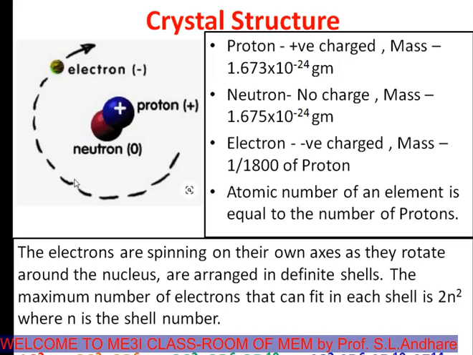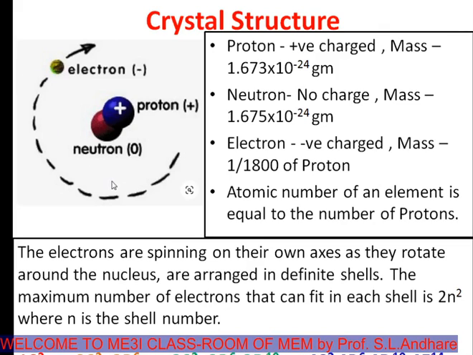Now, to sum up, the electrons are spinning on their own axis. Electrons are not only orbiting, like Earth spins about its own axis as well as orbits around the Sun. Exactly in the same fashion the electron behaves. An electron spins or rotates about its own axis as well as orbits around the nucleus. Now, how are these electrons arranged? The electrons are arranged in a number of shells and subshells.